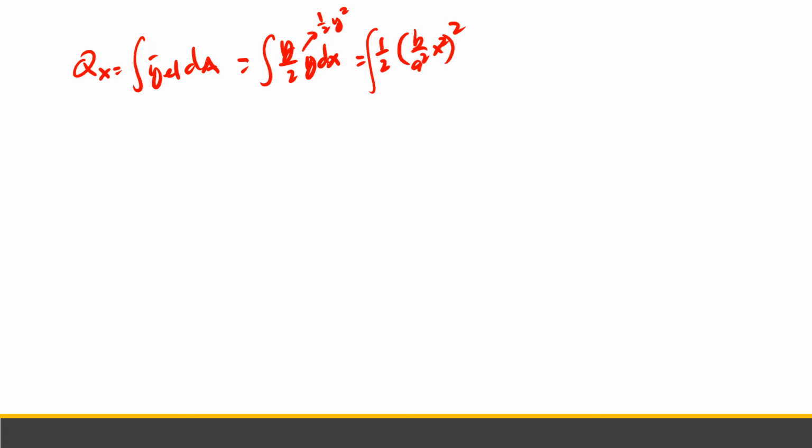So 1/2 y is b over a squared x squared, and squared na naman dx.